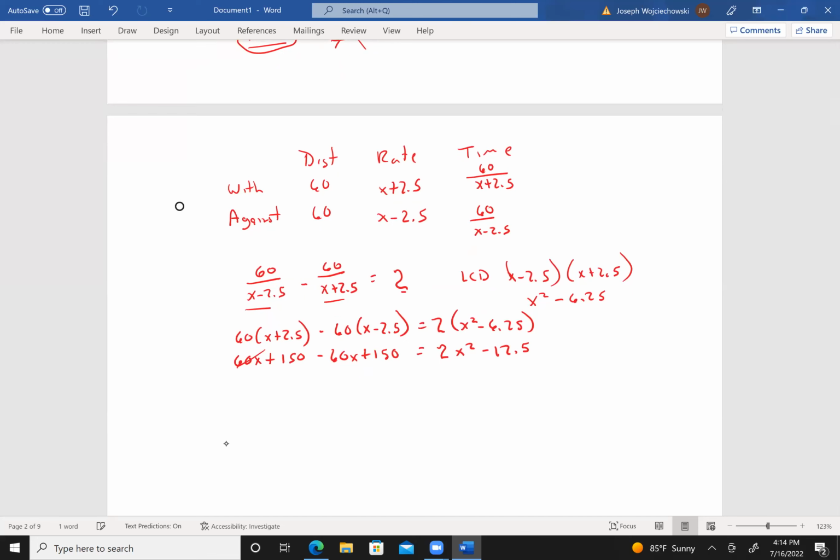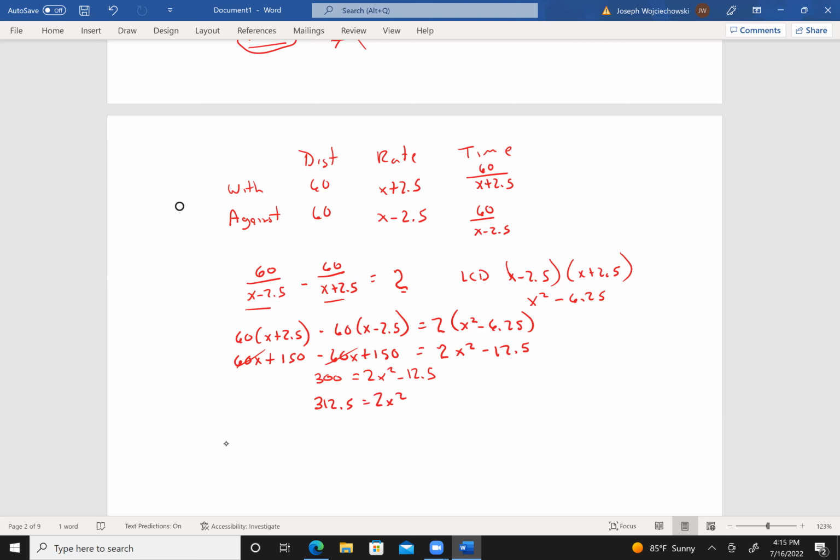Okay, well this and this cancel out. So we end up with 300 equals 2x squared minus 12.5. Add 12.5, I got 312.5 equals 2x squared.